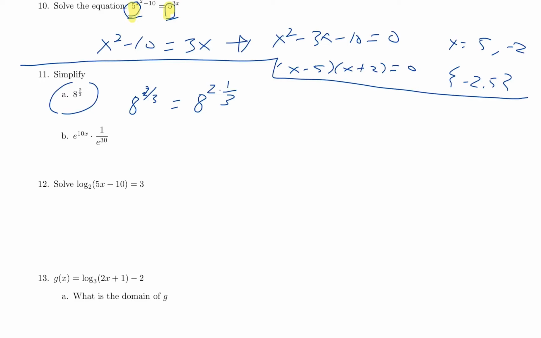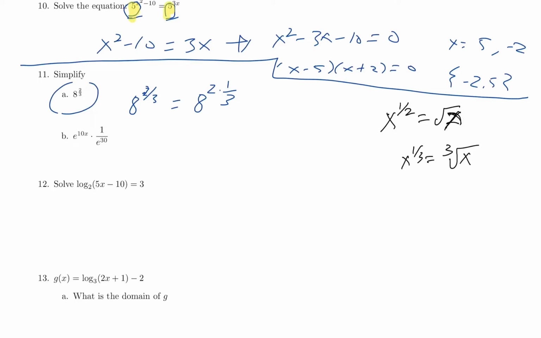Before we look at this problem, remember as a side note, x to the half power is the same thing as the square root of x. Then x to the 1/3 power is the cube root of x.